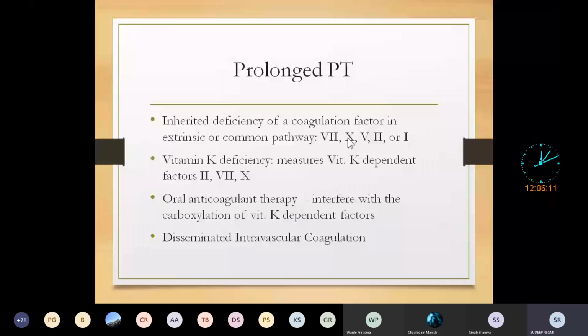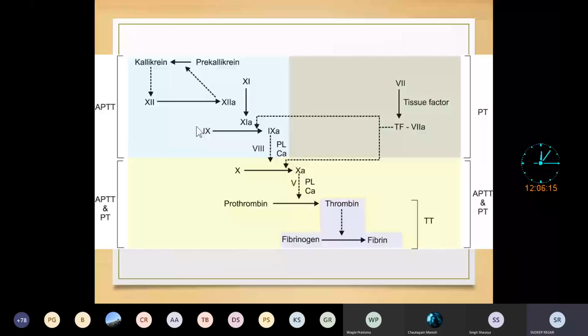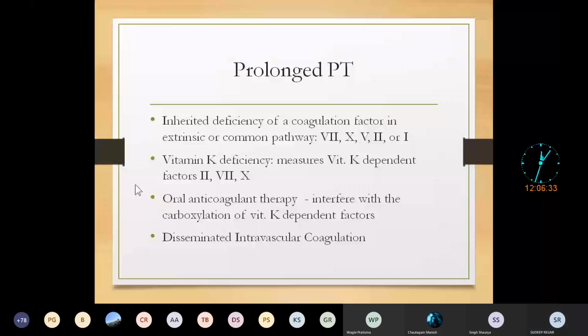See here, 9 is towards the intrinsic pathway. So if there is vitamin K deficiency, then also the factors 2, 7, 9, and 10 will be decreased, and that will lead to increase in the PT. And if the patient is on anticoagulation therapy like aspirin, it interferes with the carboxylation of the vitamin K dependent factors, ultimately leading to the increase in PT.